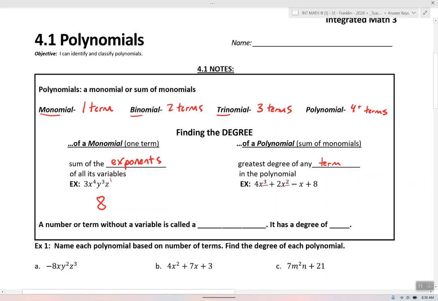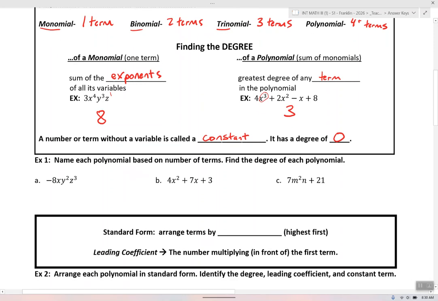The degree of this term is 2, this one is 1, and the constant is actually degree 0. So this polynomial has a degree of 3 because the highest degree term is 3. Now, a number or term without a variable is called a constant. It has a degree of 0, as we just mentioned.